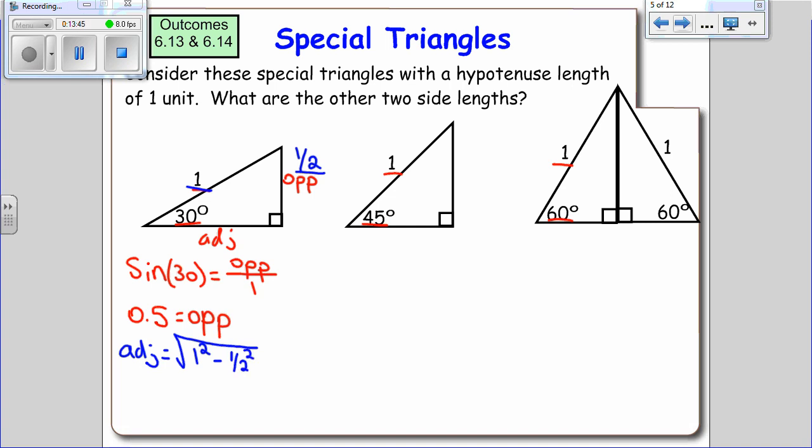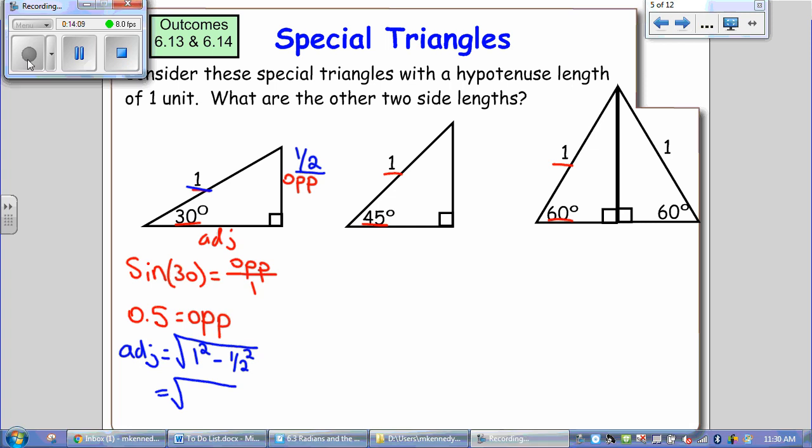If we were to put this into our calculators, that means our adjacent equals the square root. And if you go 1 squared minus 1 divided by 2 squared, you'll get 0.75, but we change that into fractions, so 3 over 4.